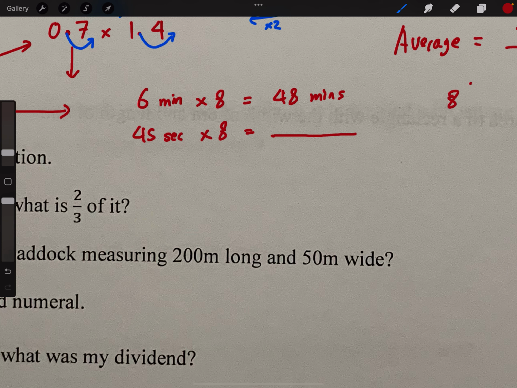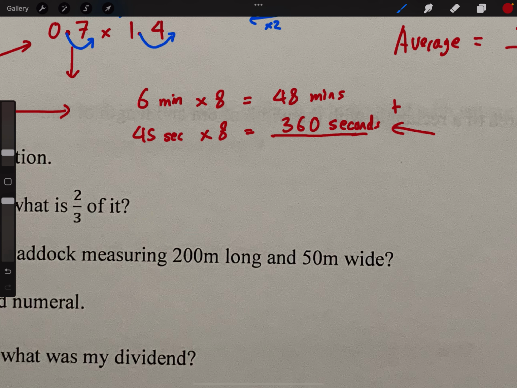Well, let's see. What's 45 seconds times 8? Let's see. 8 times 45. What's that? 8 times 5 is 40. 8 times 4 is 32. 32 plus 4 is 36. You're going to get 360 seconds. Alright. Now you need to add these two together to find a total. But first, we need to change this one into minutes.